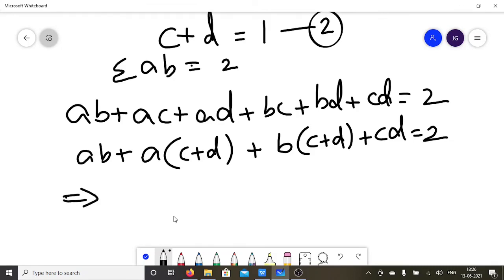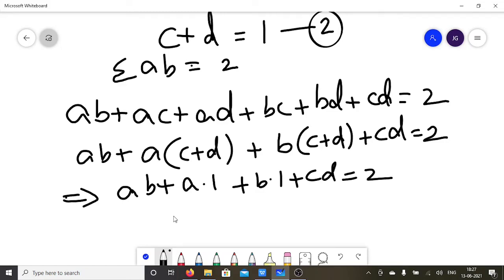We know that C plus D is equal to 1. So this is AB plus A into 1 plus B into 1 plus CD is equal to 2. Implies AB plus A plus B plus CD is equal to 2.